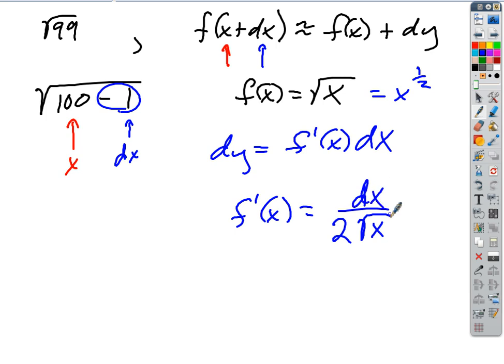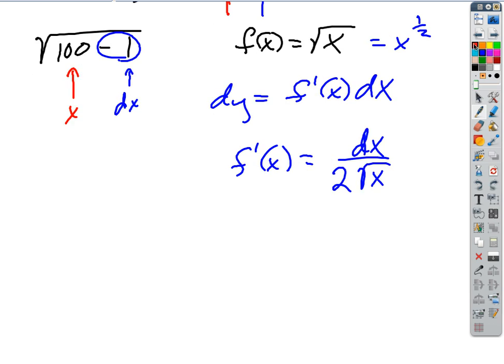Now, if we evaluate this with our chosen values of x and dx, dy is going to be really easy, because we purposely chose x to be something that's a perfect square. Let me backtrack just a tiny bit.